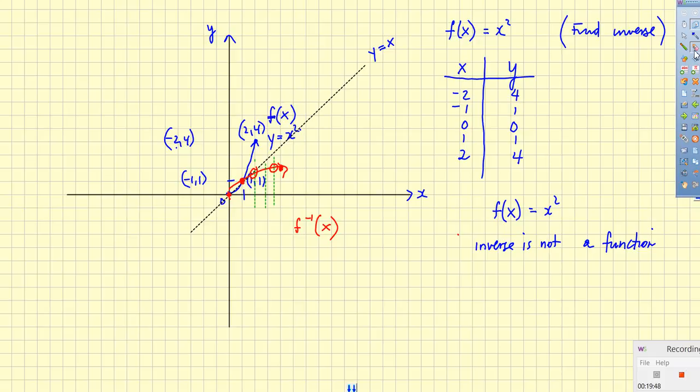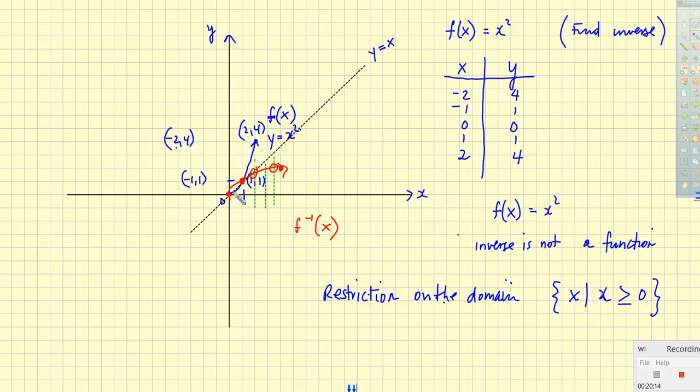What that means basically is that if I put a restriction on my domain, so this is where domain comes back into play, and that restriction would have to be that x must be greater than or equal to 0, then yes, my graph does exist as an inverse. It is not failing the vertical line test, because for every x value I'm getting one value of y.